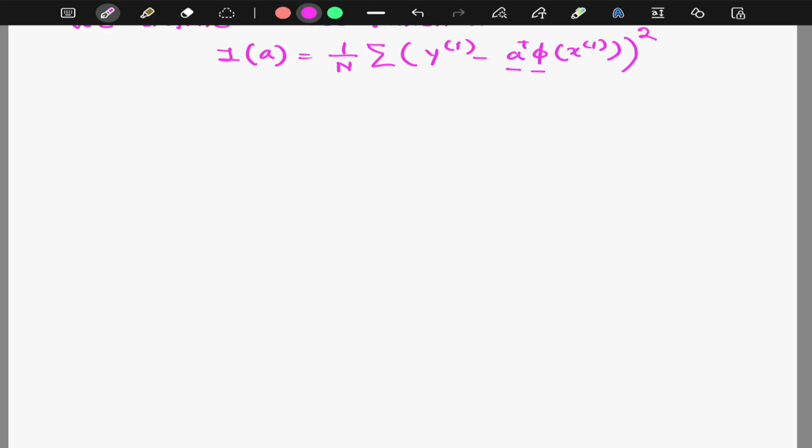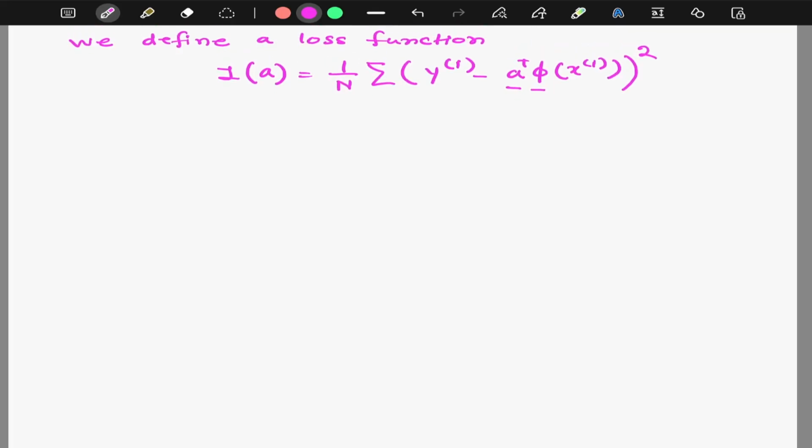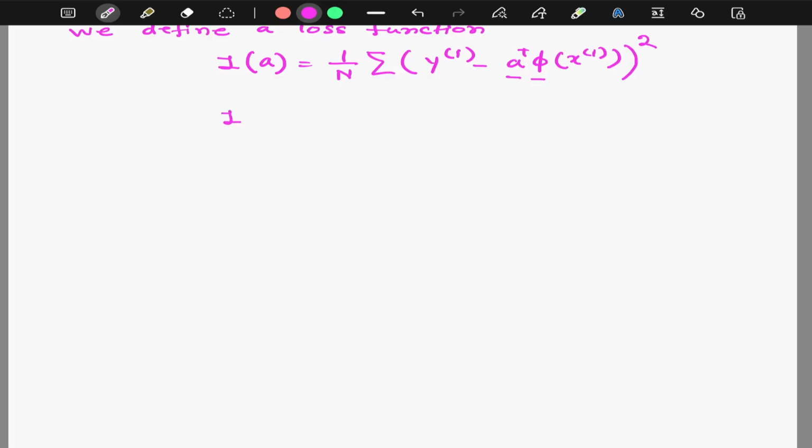I also wrote this one last time, so I will repeat it again. The L1: 1/n summation over i of modulus of yi minus A transpose phi(xi). Okay. So, this is my L1 loss.